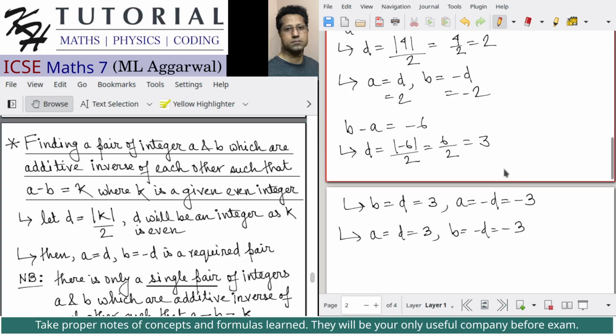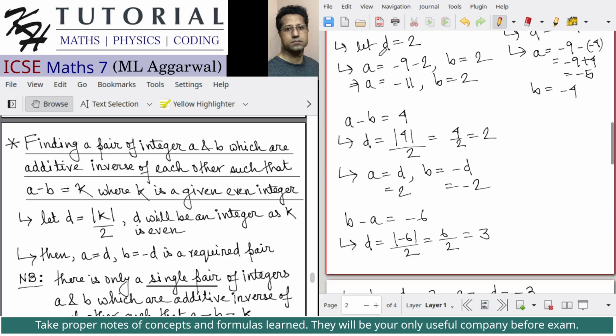By that I mean, if it is said that find the integers a and b which are additive inverse of each other and their difference is minus 6, then the two integers have to be 3 and minus 3. There cannot be any other two integers which are additive inverse of each other whose difference will be minus 6. Similarly, in the case where it is given a minus b is equal to 4, the a and b have to be 2 and minus 2.